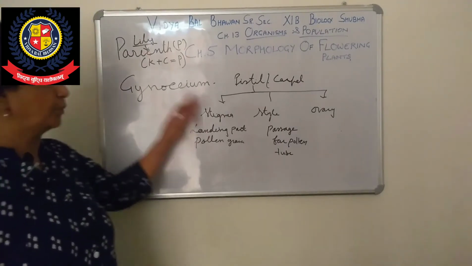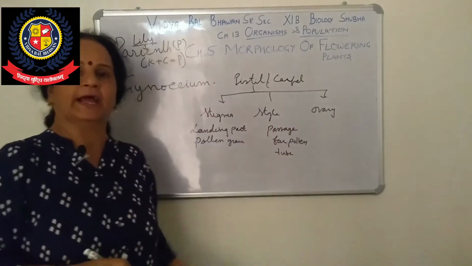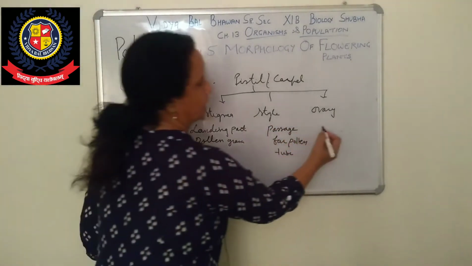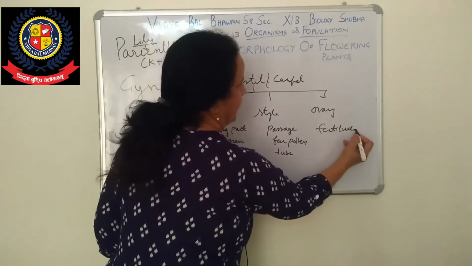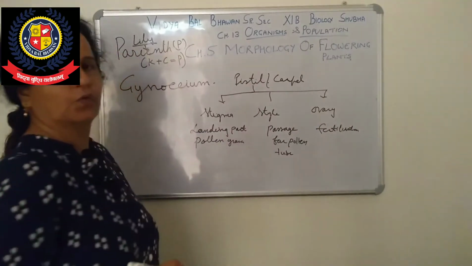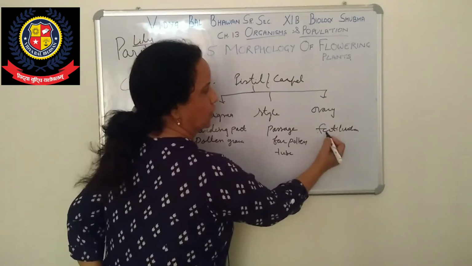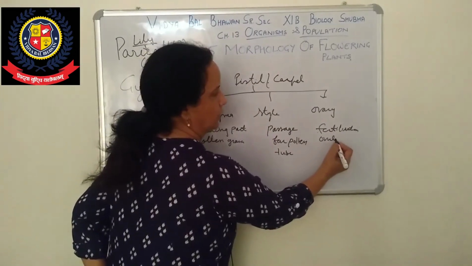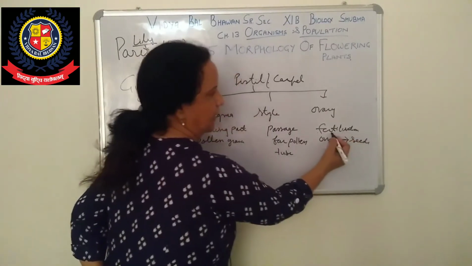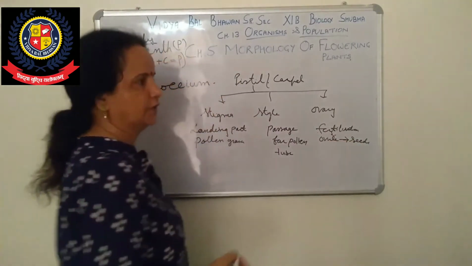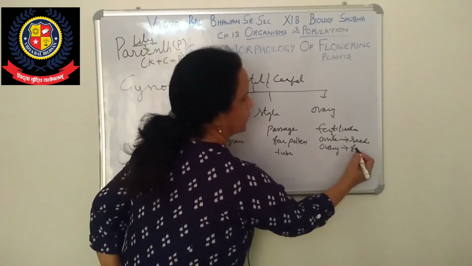Pollen grains travel through the pollen tube, down the style, and reach the ovary. In the ovary, fertilization will take place, because the ovule is inside the ovary, so fertilization takes place in the ovule. After fertilization, the ovule turns into seeds and the ovary turns into fruits.